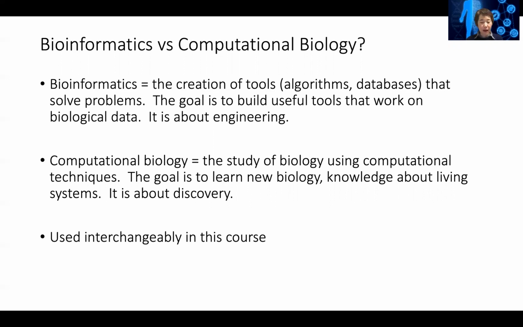Whereas computational biology is focused on the study of biology using computational techniques. The goal is to learn new biological knowledge about living systems, understanding the mechanism. It's more about biological discovery. And so you can see these two are slightly different. In this course, though, we're going to use these two terms interchangeably.